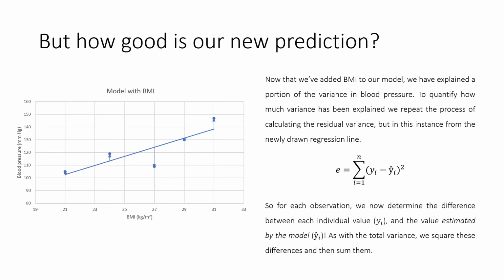And we're going to do that by, once again, looking at those differences, but for each observation, so y sub i, we're going to subtract the estimated value of that person, given their value for BMI, and square those differences and sum them up, which will result once again in one of those sums of squares. And we're going to look at the sum of squares that we have left when we were just using the mean in comparison to when we have the new regression line.